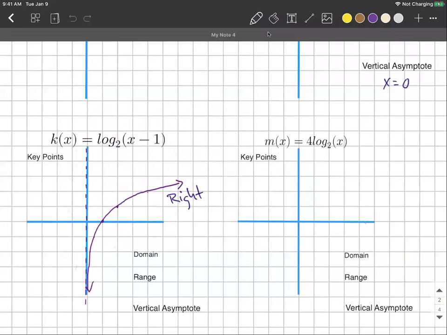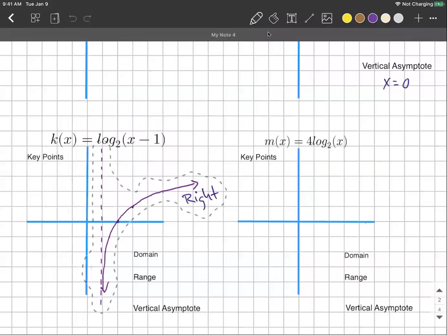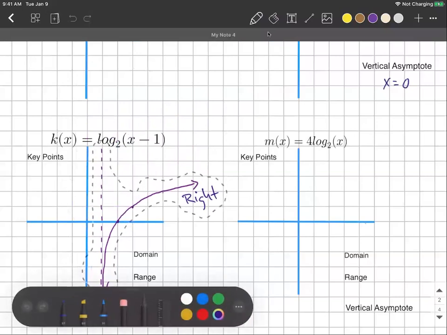So what's going to happen here is as we move everything to the right, that vertical asymptote is now no longer on the axis. So we need to utilize a vertical dash line to indicate exactly where it's at. I just included it in the original, even though it was on the axis, so that when I moved it over, we wouldn't have to draw it in additionally.